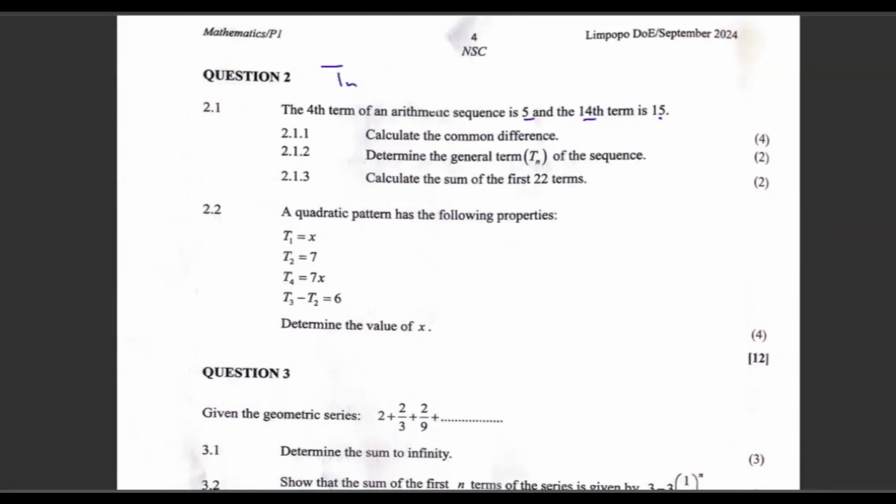We know that the general term is Tn is equal to A plus n minus 1 into D. Let me just create the equations. So when you talk about T4 is 5, so 5 is equal to A, which we don't know, plus 4 minus 1, which is 3D. Call that equation 1. 14th term is 15. So 15 is equal to A plus 14 minus 1, which is 13D.